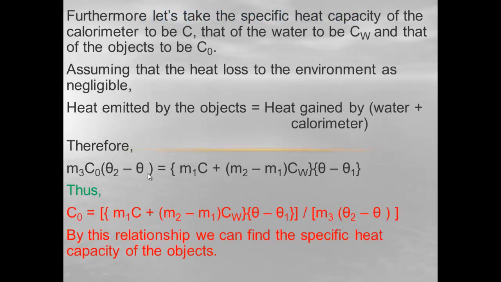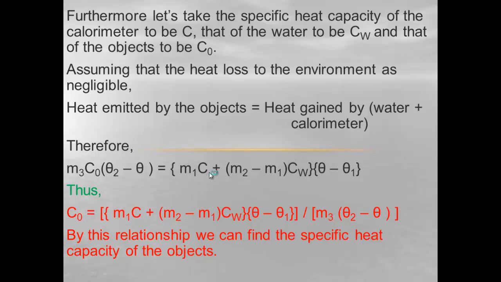So this heat is emitted to the water and the calorimeter system, and the calorimeter will gain heat as well as the water. Since the mass and the specific heat capacities of the calorimeter and water are different, we have to write these statements separately.